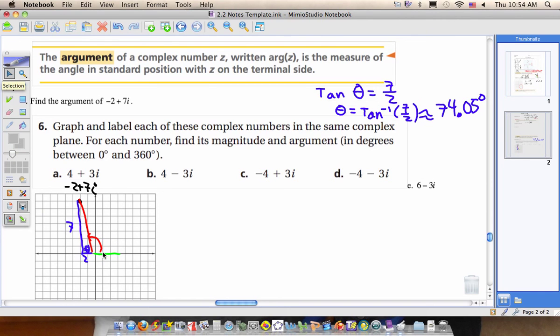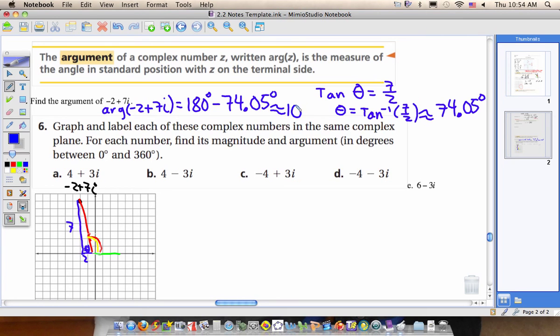Obviously turning, we're short of going to 180, we're 74 degrees short of going to 180 degrees. So our argument, which we abbreviated as ARG, of negative 2 plus 7i, would be 180 degrees minus that angle we found inside the triangle.